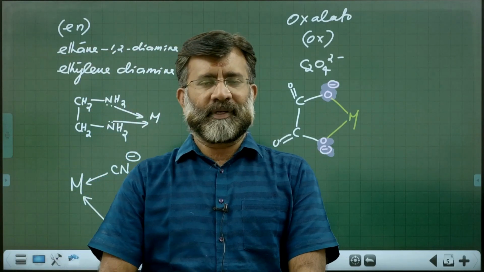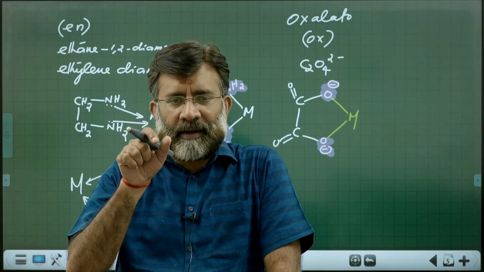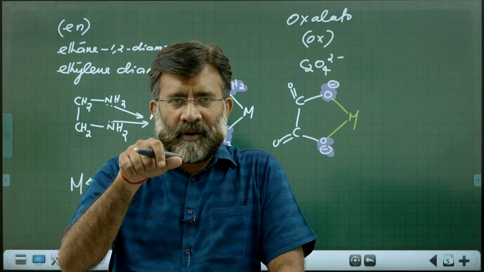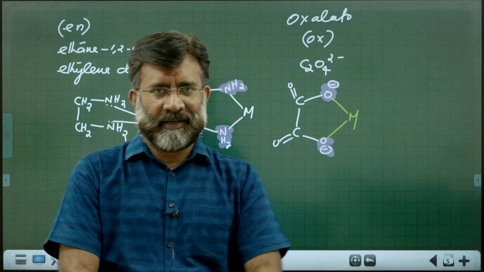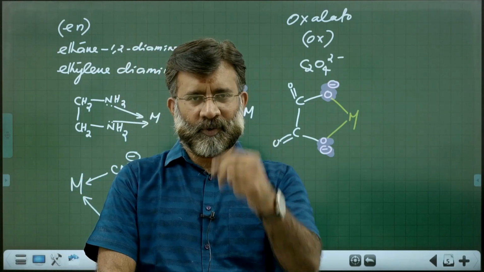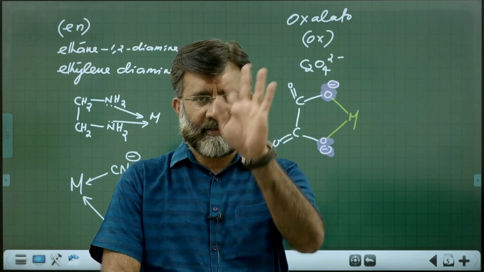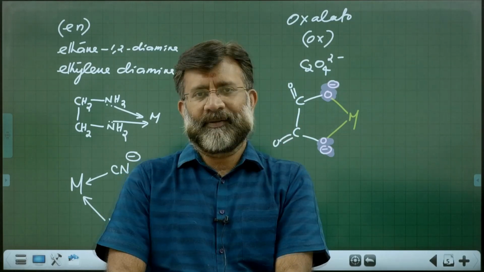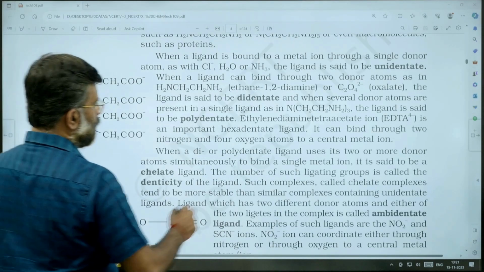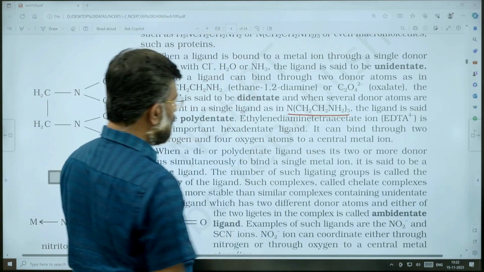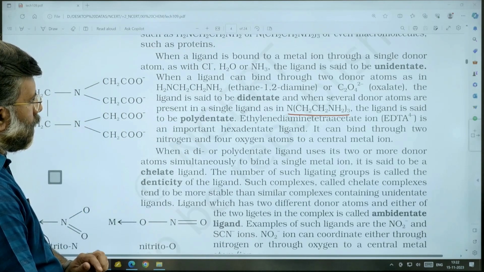And the term used is denticity. Denticity: number of donor atoms making a bond at a time. Unidentate, 1 donor atom. Didentate, 2 donor atoms. Tridentate, tetradentate, pentadentate, hexadentate, polydentate. Hope you get it. Look at the ligand available here. What is the denticity? N, CH2, CH2, NH2, the whole thrice.